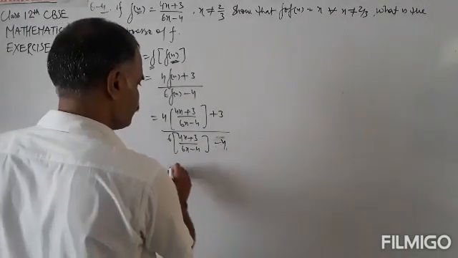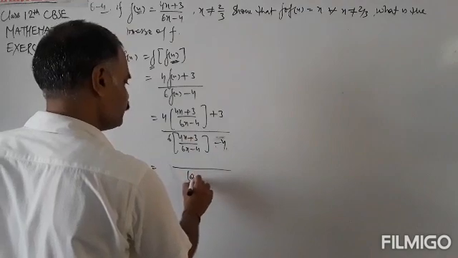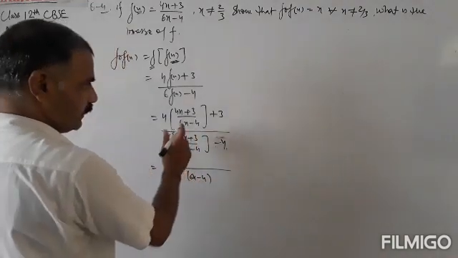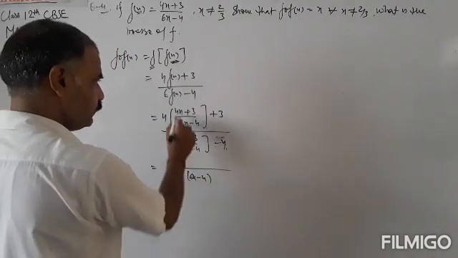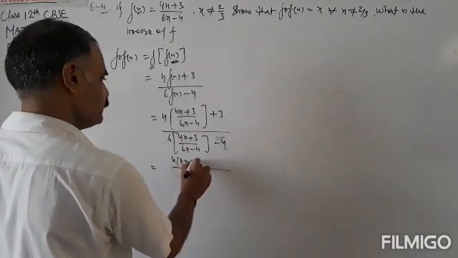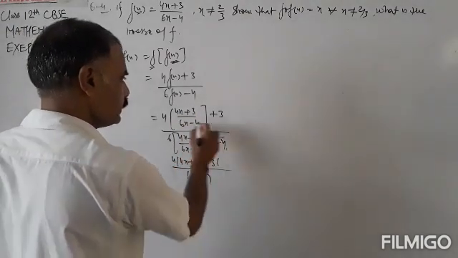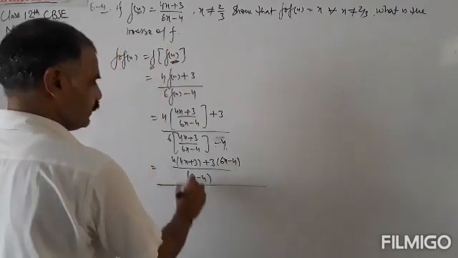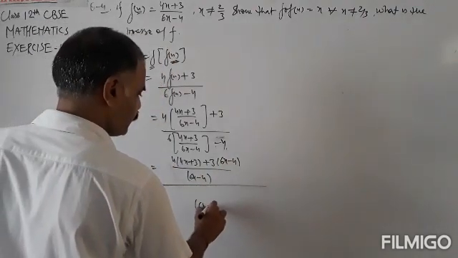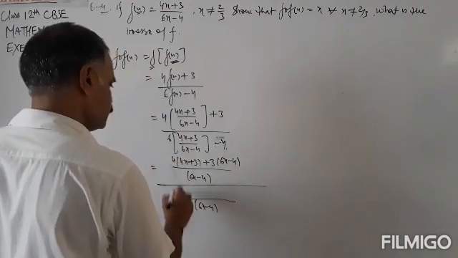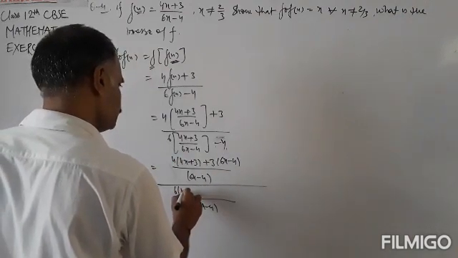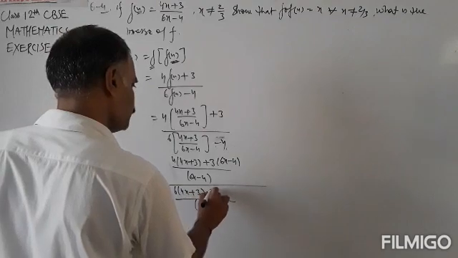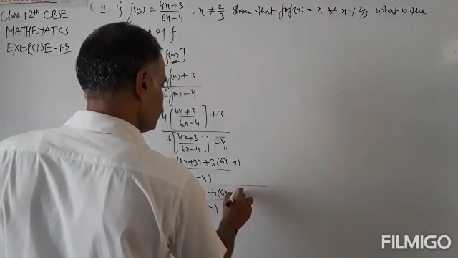Taking LCM 6x minus 4 in the numerator, this is 4 into (4x plus 3) plus 3 into (6x minus 4). In the denominator, again taking the LCM 6x minus 4, this equals 6 into (4x plus 3) minus 4 into (6x minus 4).